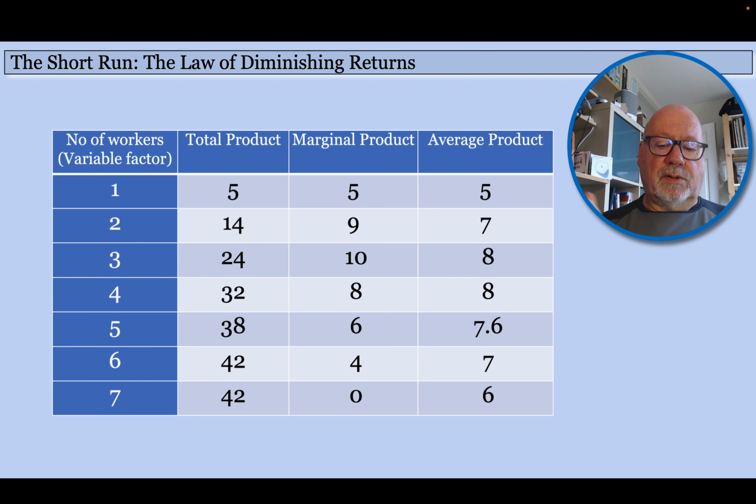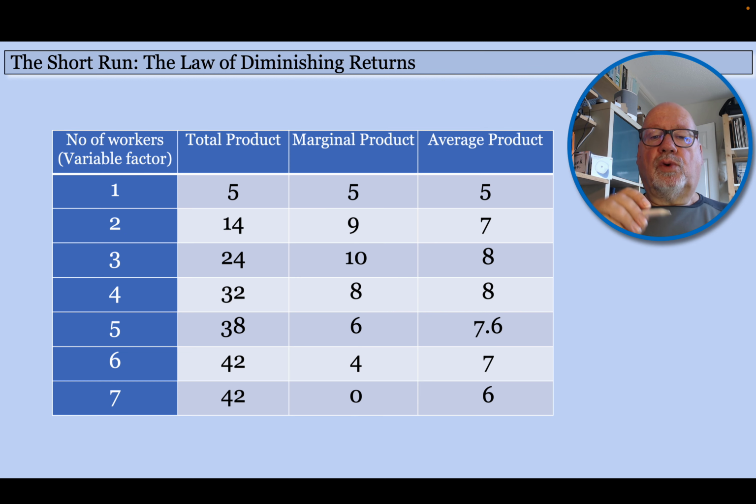So let's have a look at this table. You can see the total product is going up. The marginal product initially goes up. So over this range here, these extra workers that I brought into my business start to specialise, and so they become more productive.